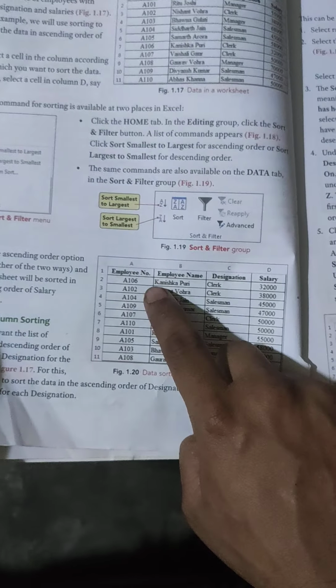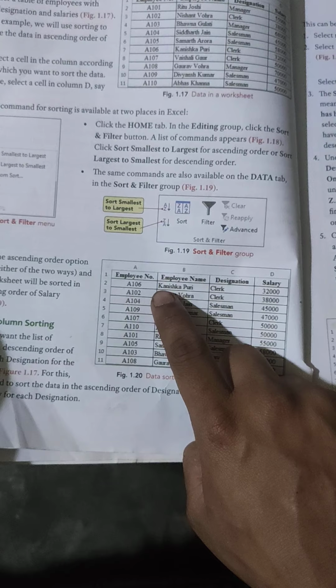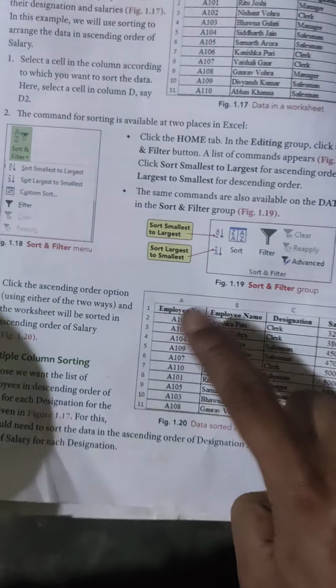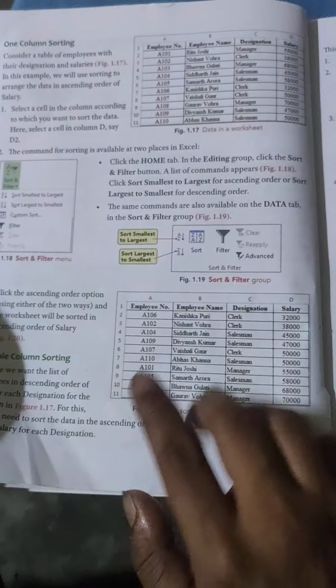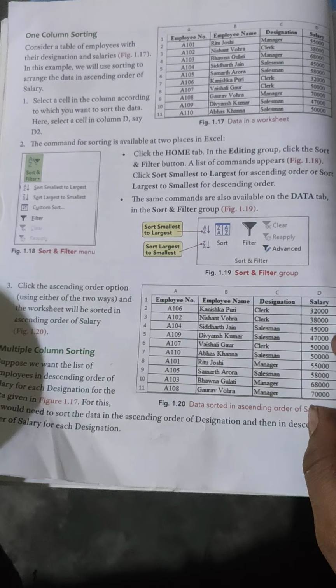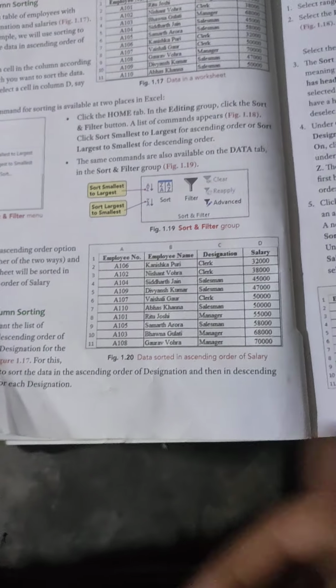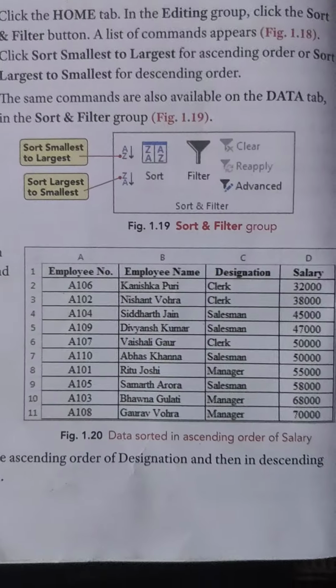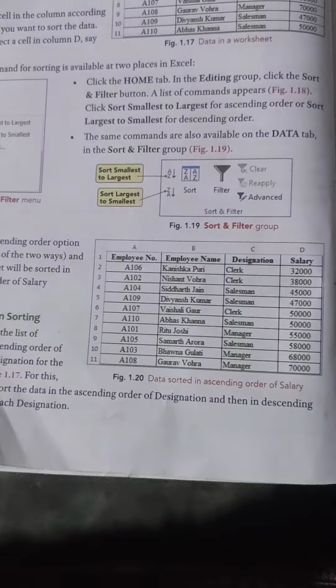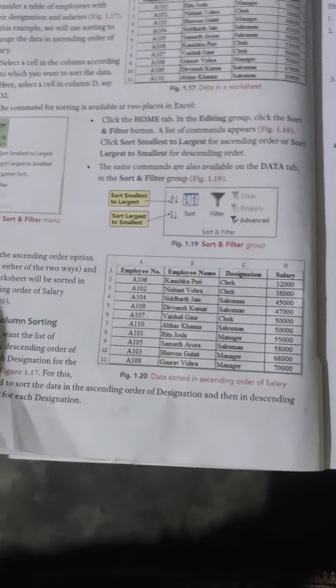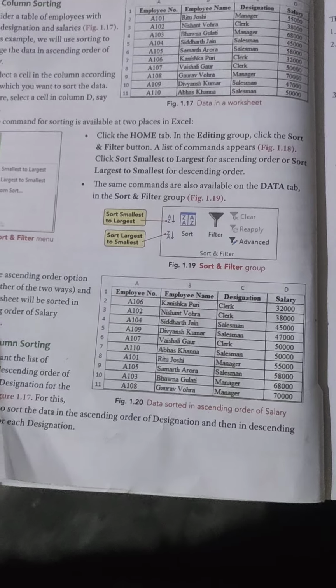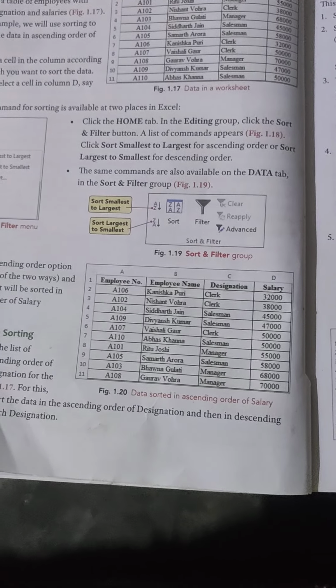This type of data which contains alphabets and numbers is known as alphanumeric data. So if instead of selecting salary you select any other column or the entire column, you can do that, and the list will be sorted as per your order, in ascending or descending order.